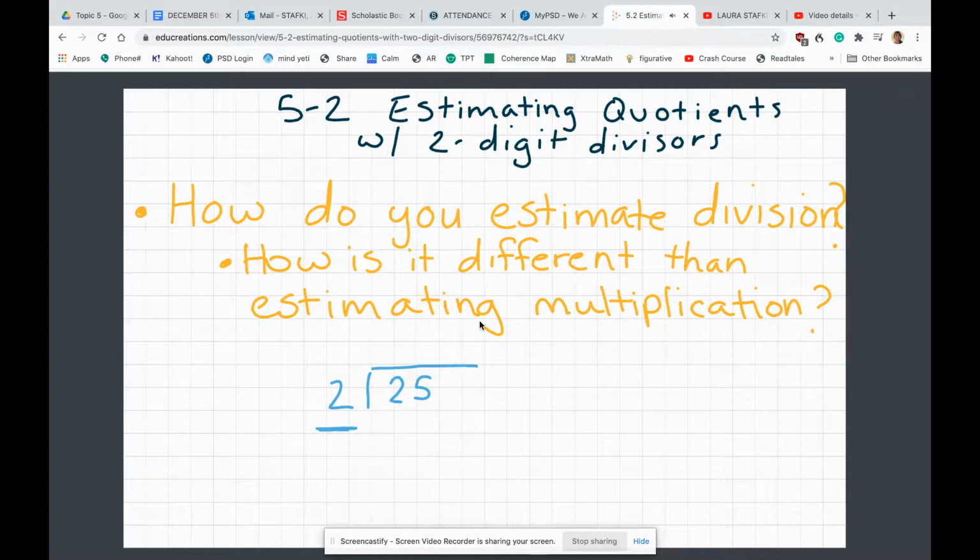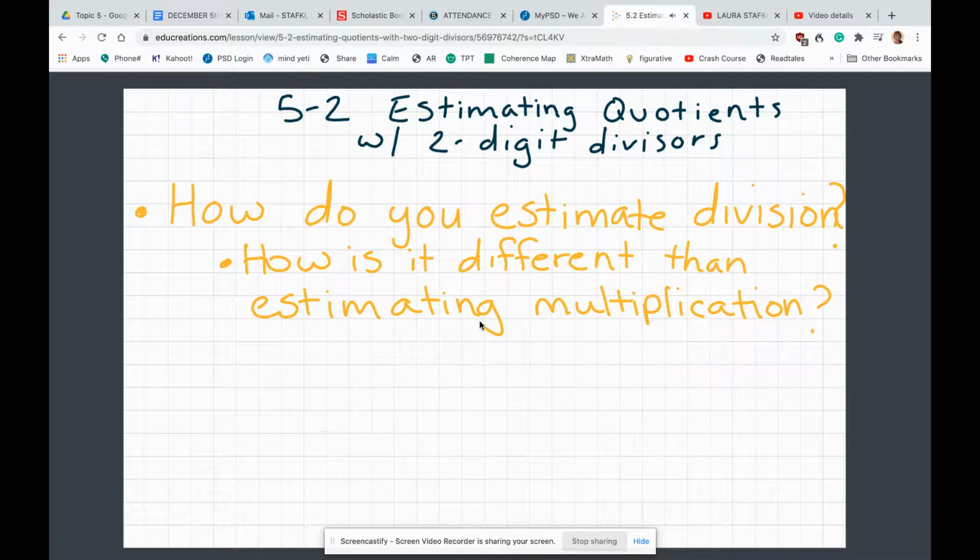So I'm going to, at this point, kind of skip the rounding and go straight for friendly numbers. I could either choose 2 goes into 24, and I would know that that was 12. Or I could say 2 goes into 26, which I don't know off the top of my head quite as easily, but that would work also.